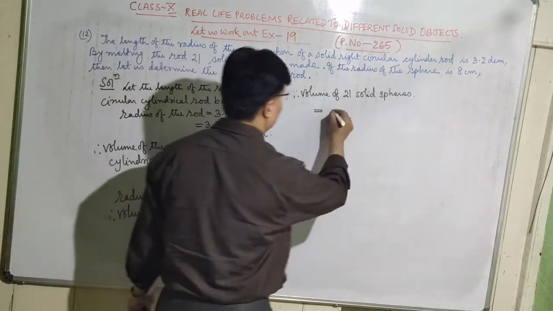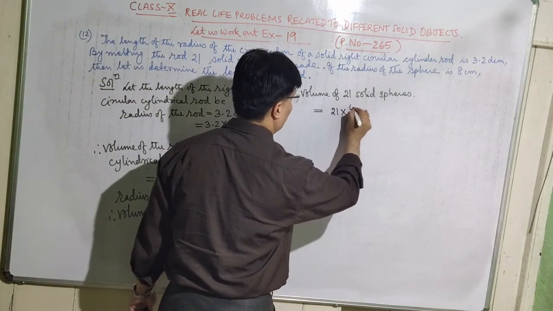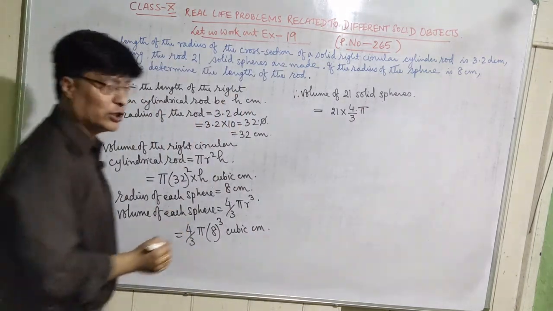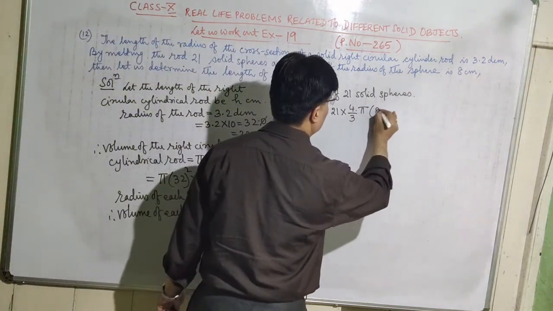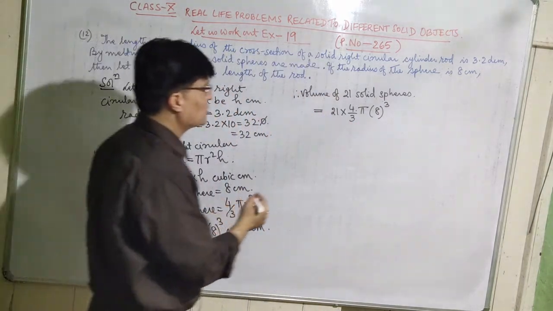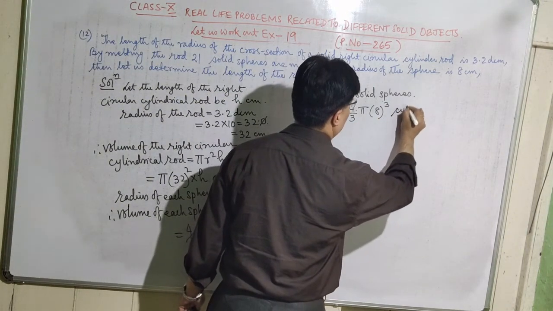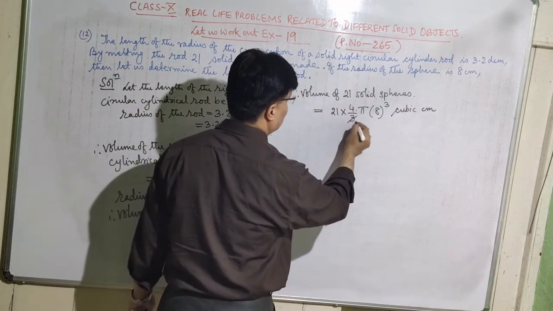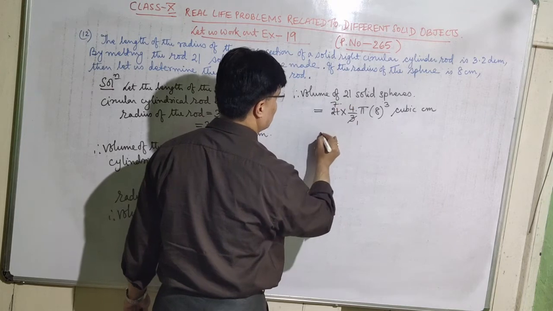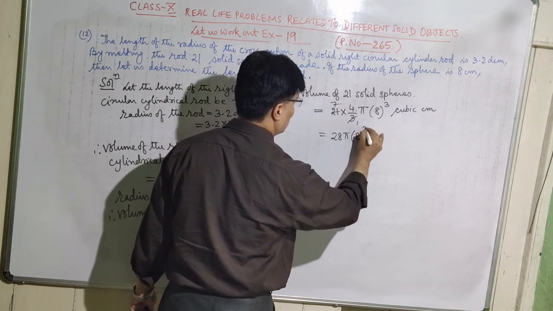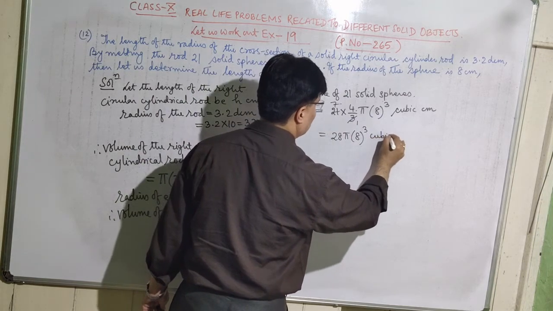So it is 21 into 4/3 pi and 8 whole cube. So what is the unit here? This is cubic centimeter. Here you can cancel this. 3 1s are 3, 3 7s are 21, 7 4s are 28 pi, and this is 8 whole cube cubic centimeter.